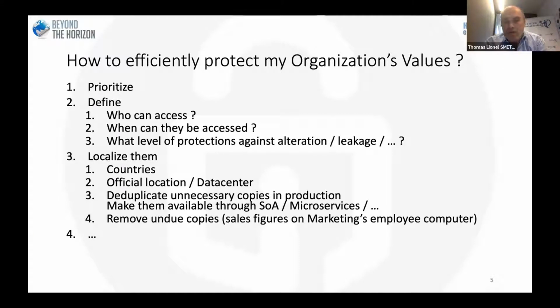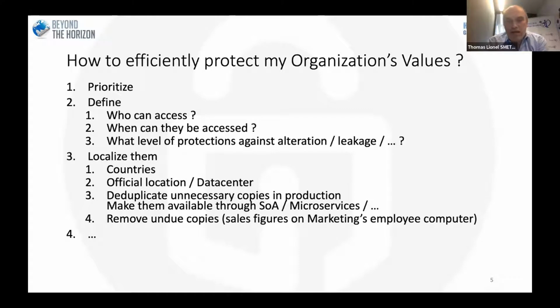So within a company, we need to prioritize what goes first and what goes next. From then, we can decide who can access. Of course, bank transfers, everybody can access. No, only our customers can access it. When can they be accessed?